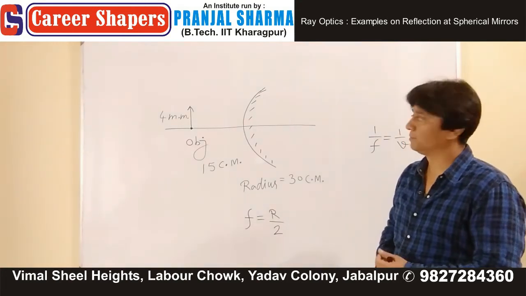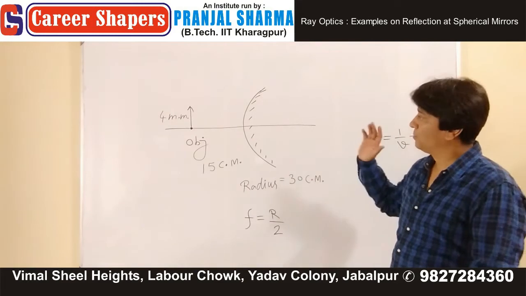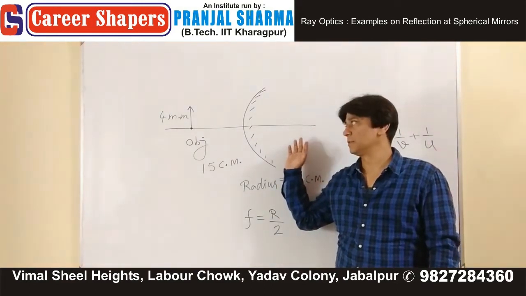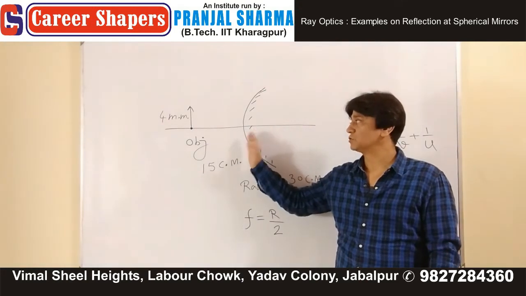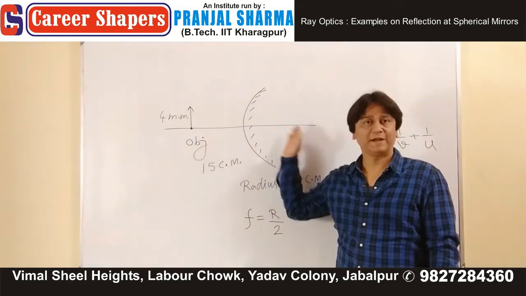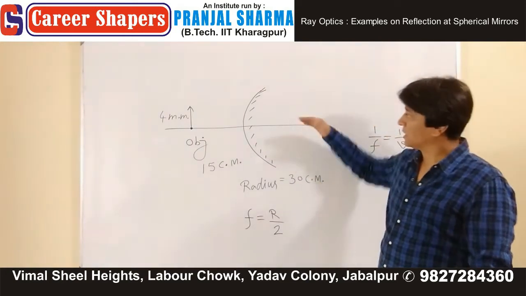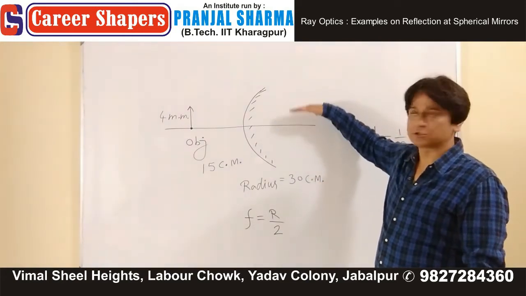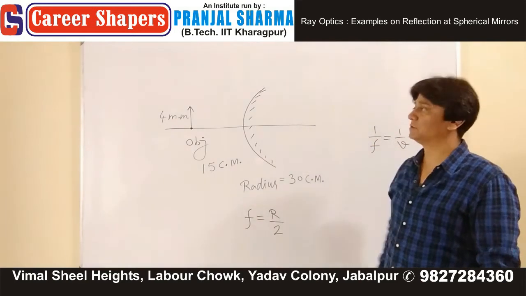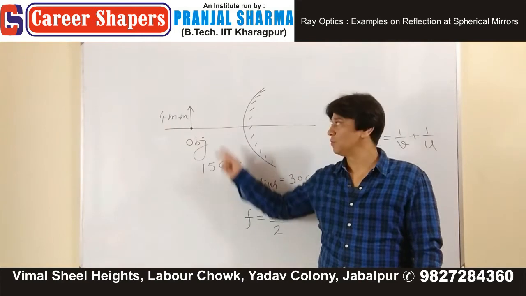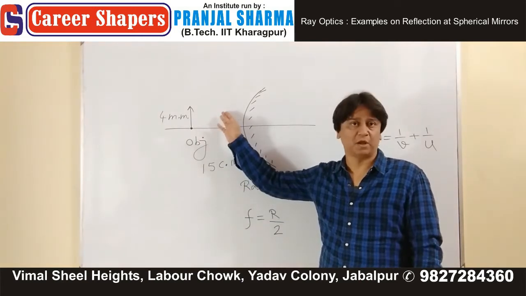Find out position of the image. It's on the left or is on the right side. First thing, it is above the principal axis or below the principal axis. Second thing, and the third thing is, what about the size of the image?